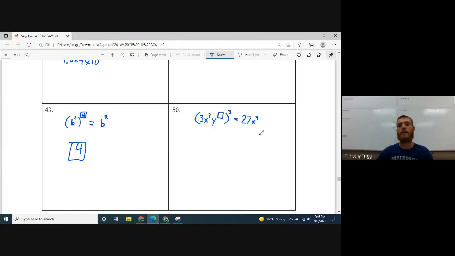So the key thing here is that they want to show you that the y's got canceled in the answer. So what would have to go here? Well, this would have to be to the power of 0, right? Because remember, y to the power of 0 just is 1. And 1 times anything just cancels it and goes away. So in this case, 0 goes in our blank. That's a little bit of a trick question, but 0 times 3 is, of course, 0.